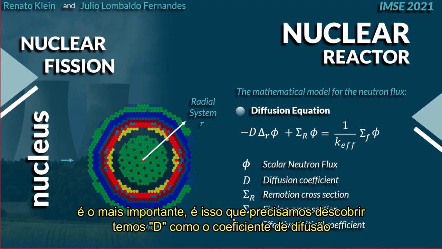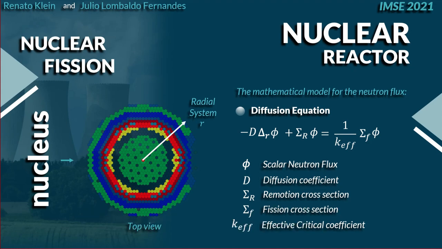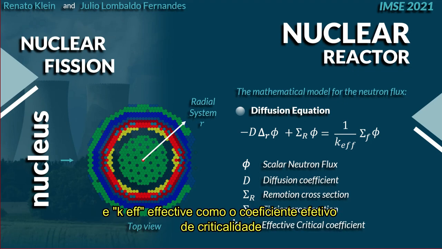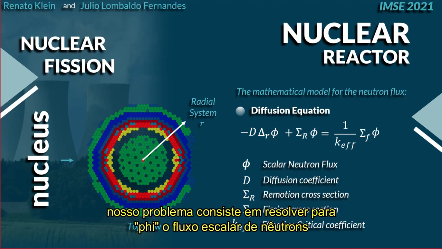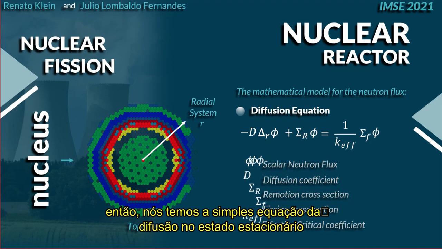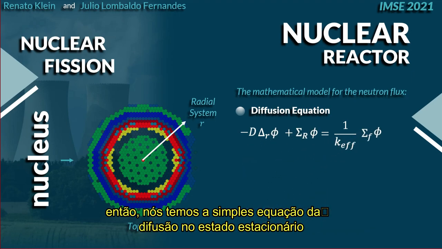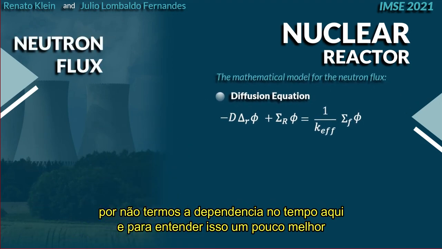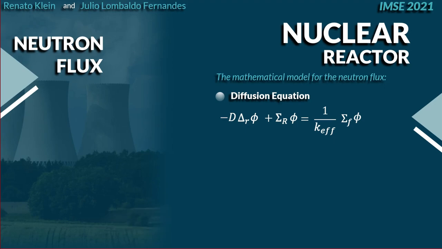We have D as the diffusion coefficient, sigma r the removal cross section, sigma f the fission cross section, and k effective the critical coefficient. Our problem is to solve for phi, the scalar neutron flux. So we have the simple diffusion equation in steady state, which does not depend on time.